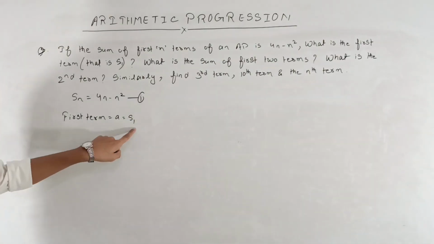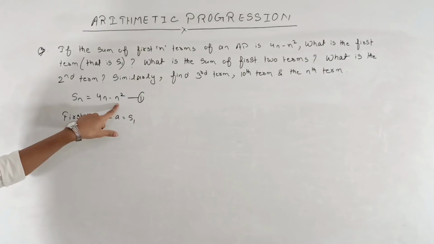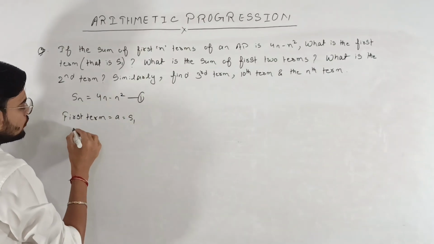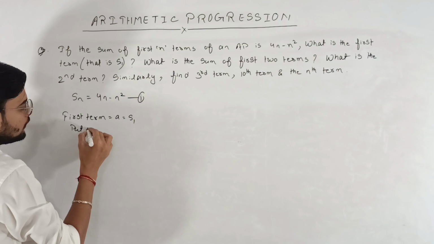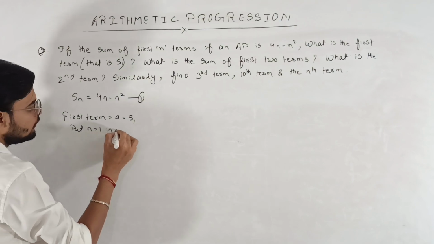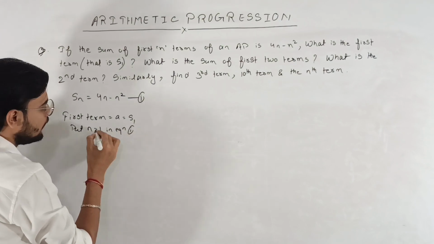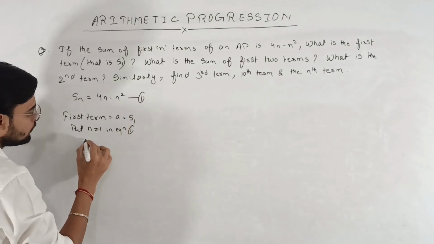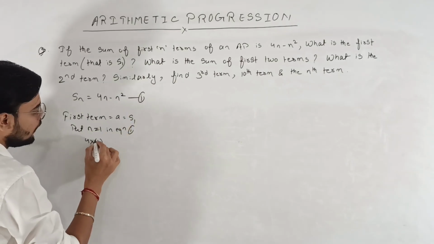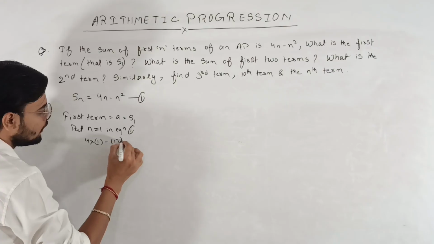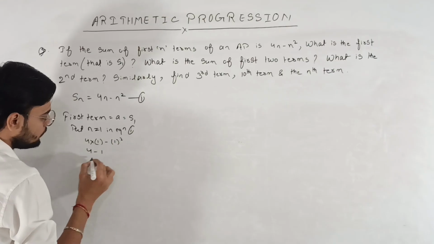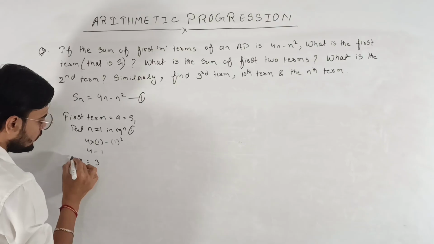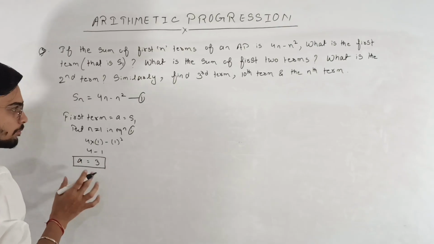So if I put 1 in place of n in equation first, then I get my first term. So this is 4 into n minus n square, which means 4 minus 1 square. So 4 minus 1. So my first term is A equal to 3. Okay, this is my first term.